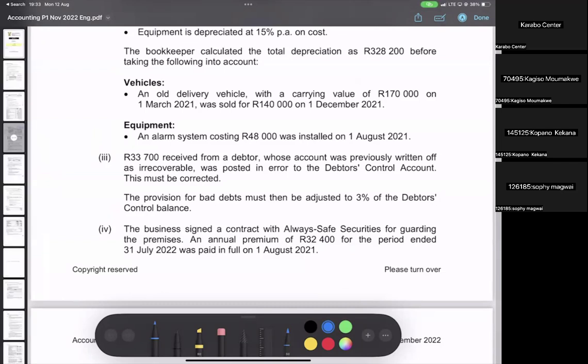This person is no longer going to pay us, or no longer has the ability to pay us. So we just have to write them off. When you come back and pay, the business will not record that amount on the debtors control account, because you were written off and do not appear there anymore.